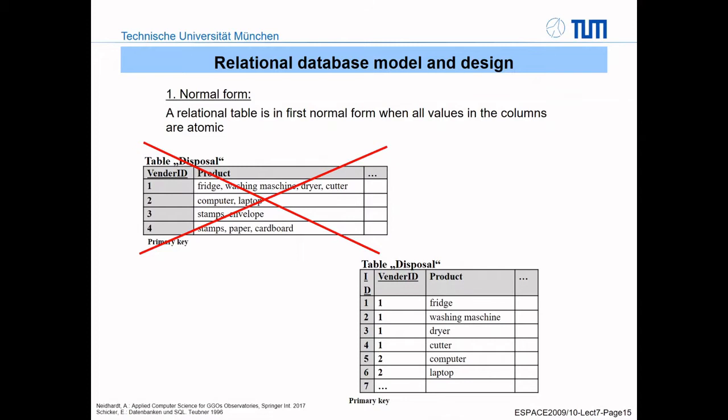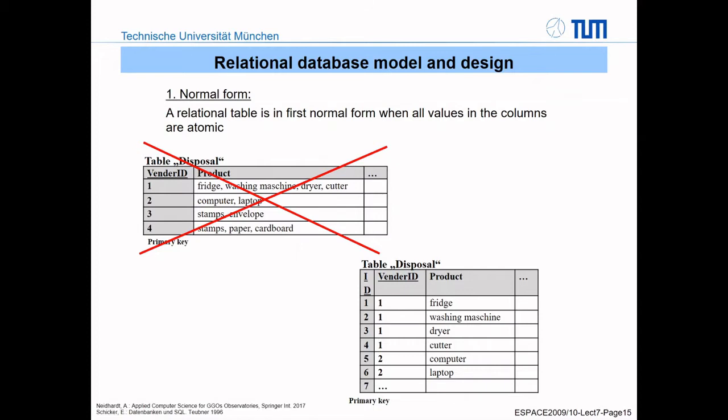You have now a vendor ID, which is unique to the vendor, and according to the vendor ID, you have the product, and this connection between vendor ID and product is now a new key, which is the product vendor ID, for example. The vendor ID can now also be used in another table, for example, to describe the vendor, such as the address of the vendor and things like that. So this is the first very important normal form.